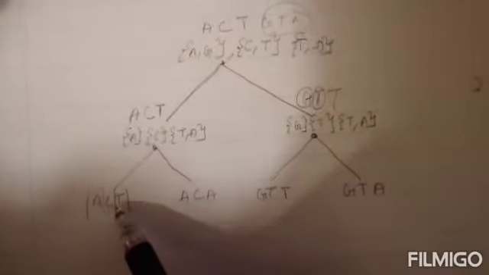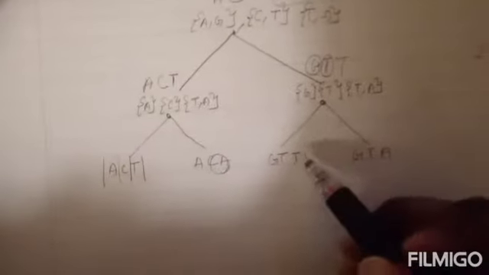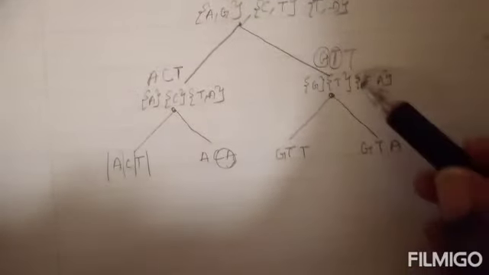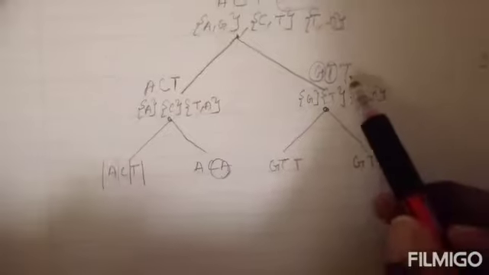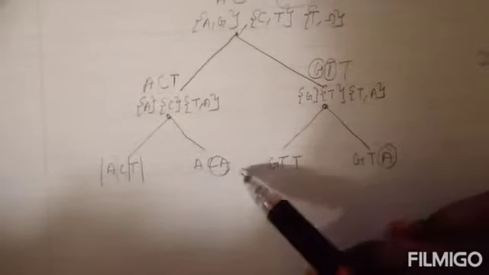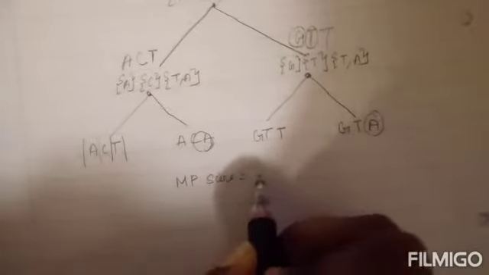So yes, now according to the ACT, there is no change. For here, the third position has a change, and when I see GTT, there's no change. So this GT, here I have a change. So how many changes do I have? 1, 2, 3 and 4. So my maximum parsimony score is equal to 4.